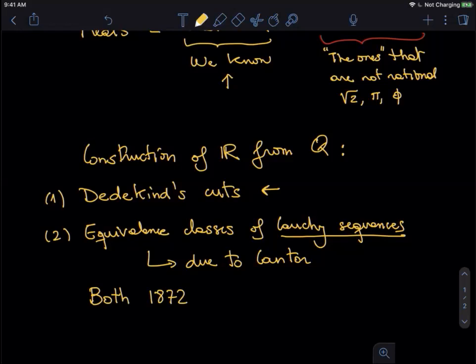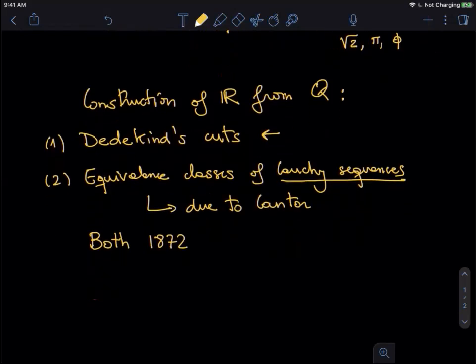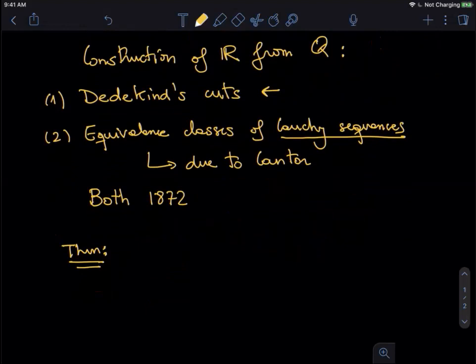Okay, so let me just write here, before we get into any further detail, what the fundamental theorem is.